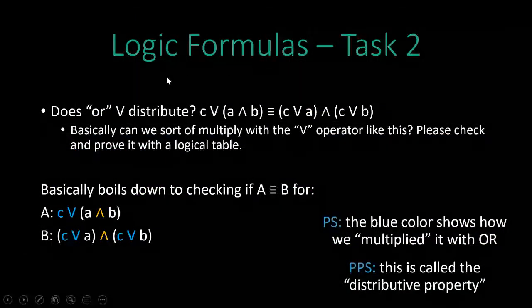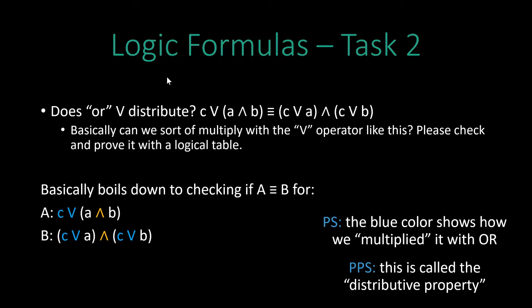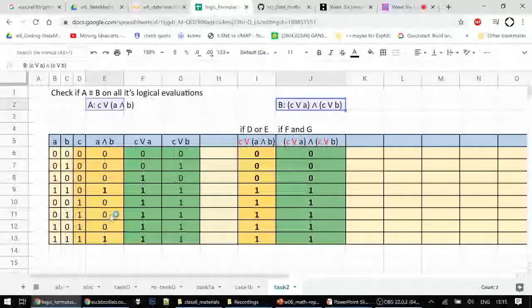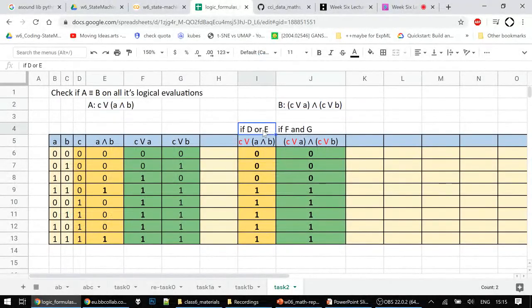And this means that this operation OR that we had actually works like a multiplier, because we can multiply brackets with it and then assign this OR for A and then this OR for B. So by doing this, time consuming but still relatively easy task, we have learned something about the properties of the whole operator, which is kind of interesting.